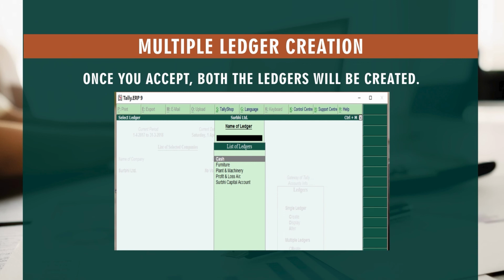So we have successfully completed the multiple ledgers, that is furniture and plant and machinery account. In a similar way you can use this option for creating any ledgers which fall under the same group.